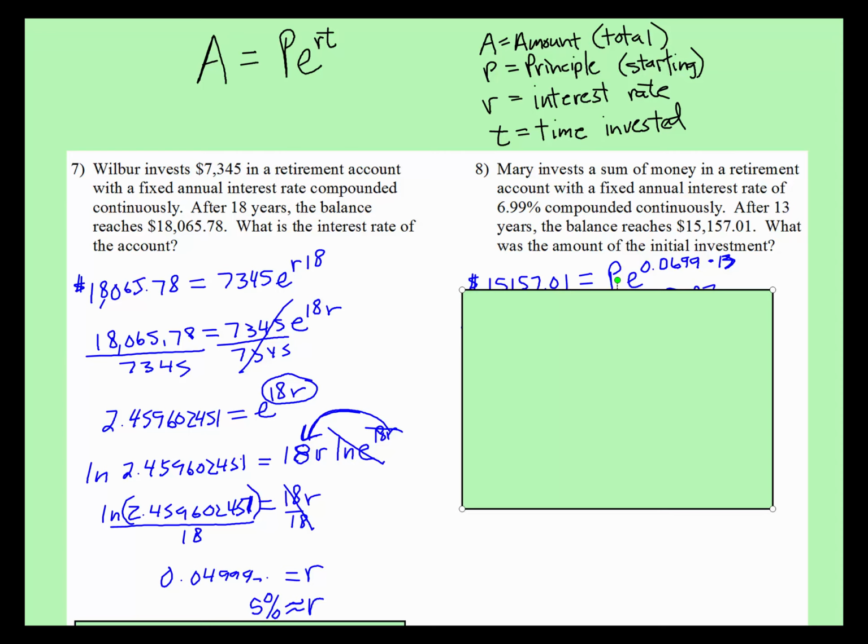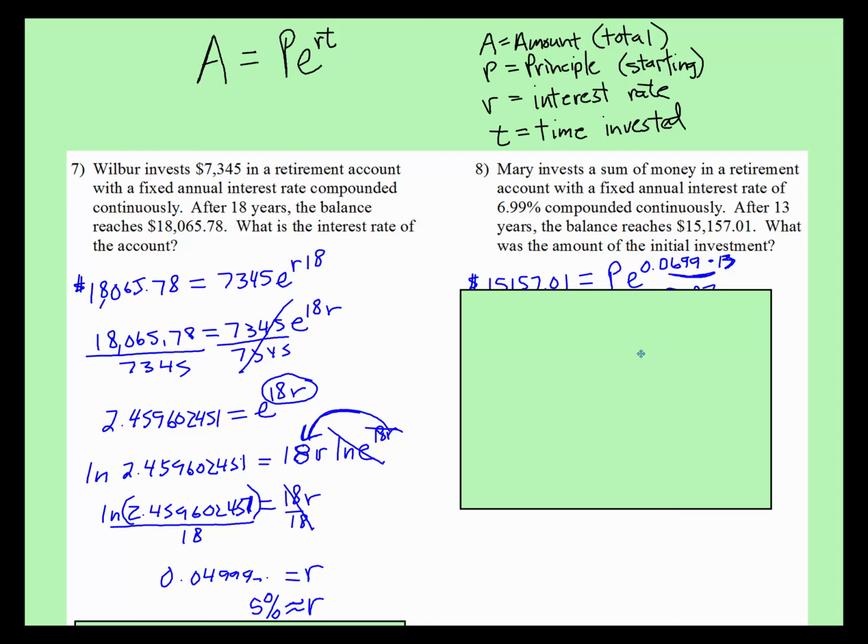Well, when we plug everything in, everything's attached to P by multiplication. The first thing that we're going to do, though, before we divide, is simplify, because we know both those things, we can simplify the exponents.